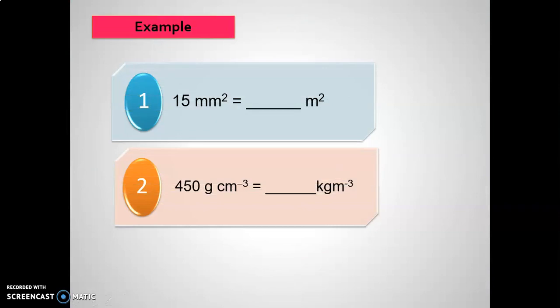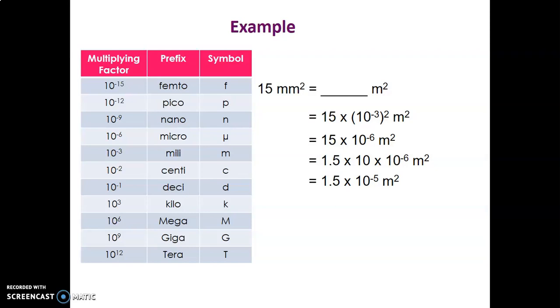Alright, now we go to the examples. I have two examples. Now we go to the first one. 15 millimeter square to be converted into meter square. To solve this kind of problem, you have to memorize the prefixes and the multiplying factors together with their symbols. As an example, nano multiplying factor is 10 to the power of negative 9 and the symbol is n.